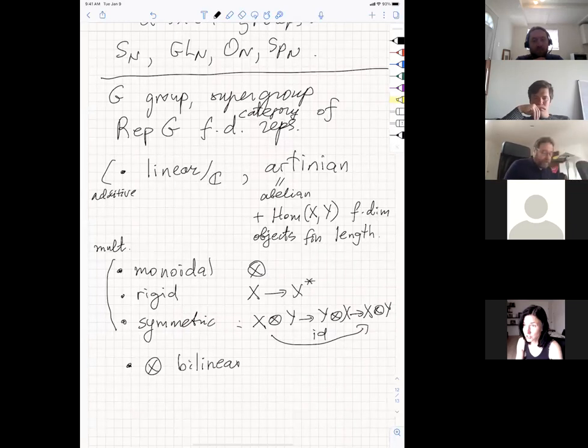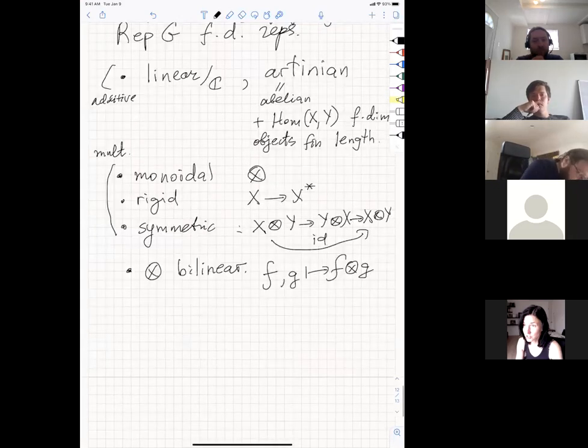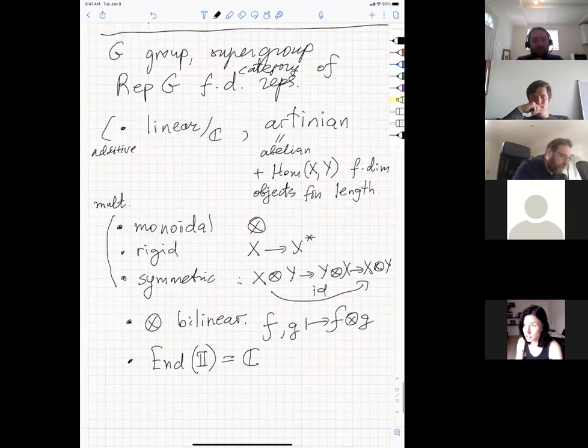And this is just that the tensor product is bilinear. So if you tensor two morphisms, F and G, this is a bilinear map. And there is an axiom which is that the endomorphism of the unit equals C. Well, it's not a very important axiom, because if you don't impose it, all you will get is just a direct sum of several copies of categories of this type.